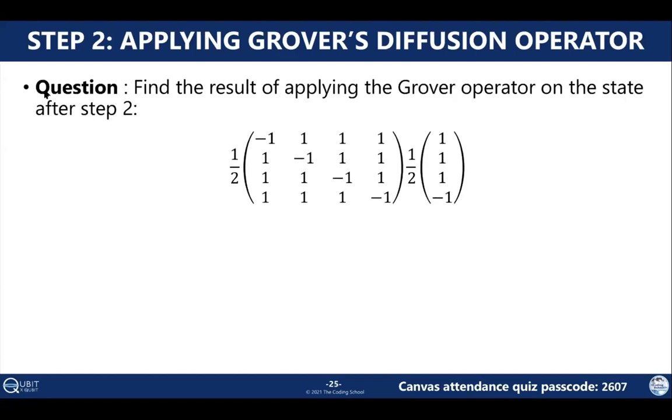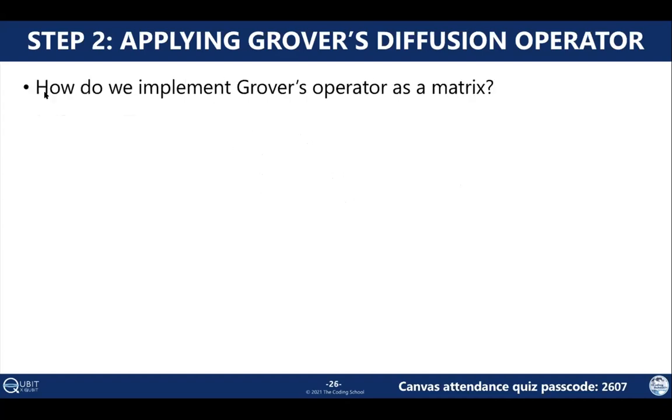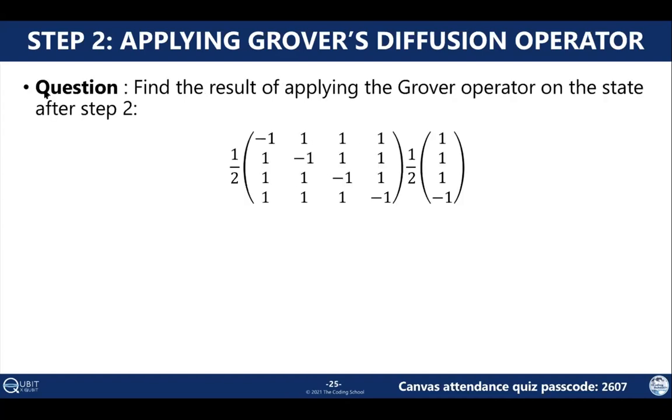And you can see that when we apply this to our state after step 2. I'll just write it out here. So if we multiply through all of these, we're going to multiply 1 by -1, 1 by 1, 1 by 1, and then -1 by 1, and then we add them all together.